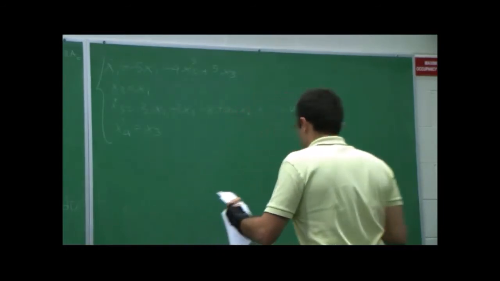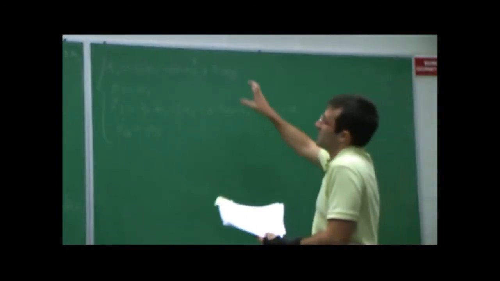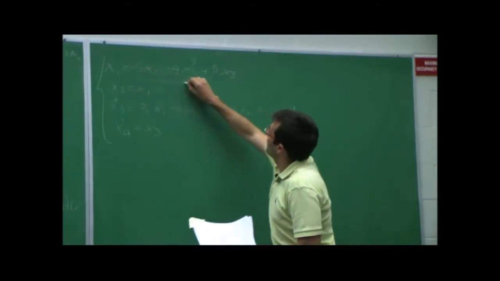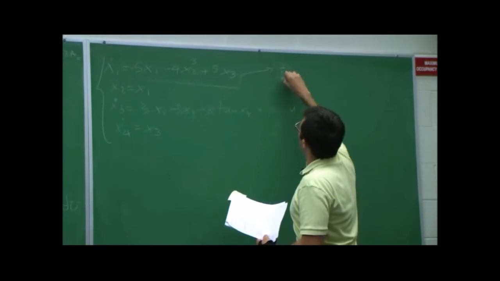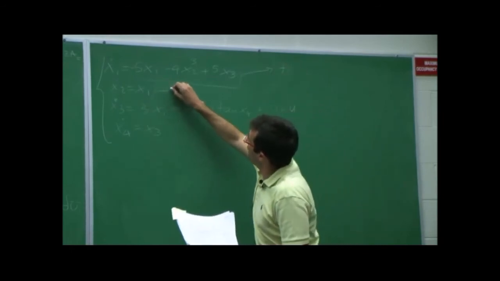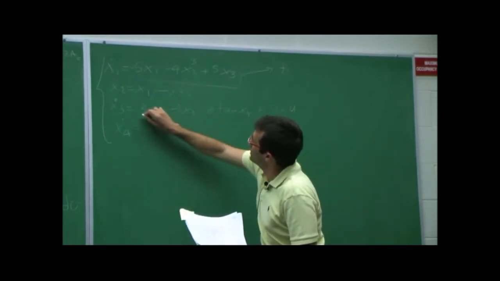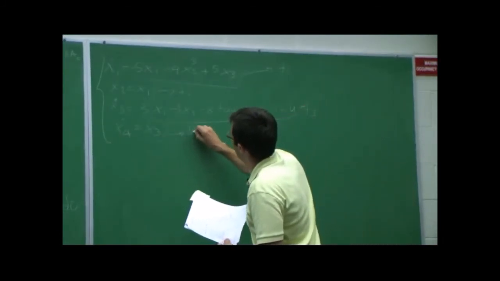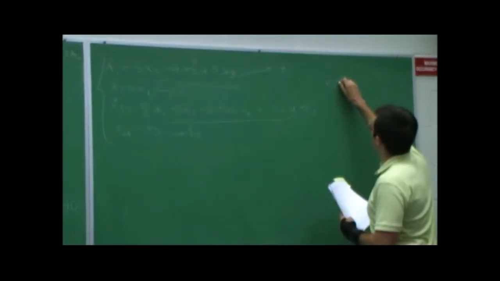So this is already expressed in a way that makes it easy to see the state space representation. It's already in state space form. So this piece here is basically your F1. This one here is your F2. This is your F3. And this is your F4. You see that? Okay, and the linearization point is x0.